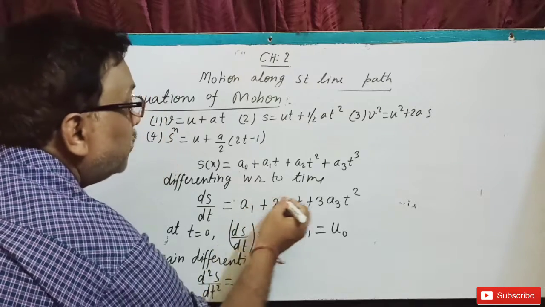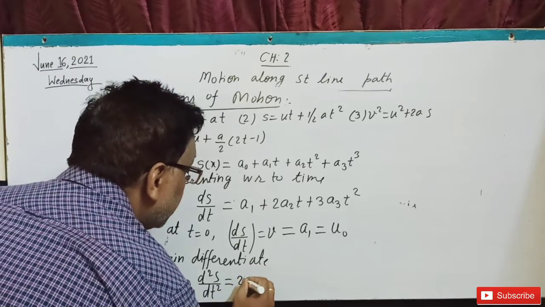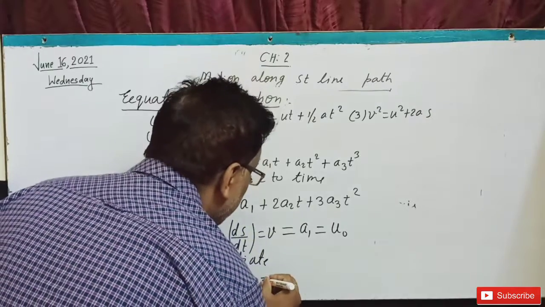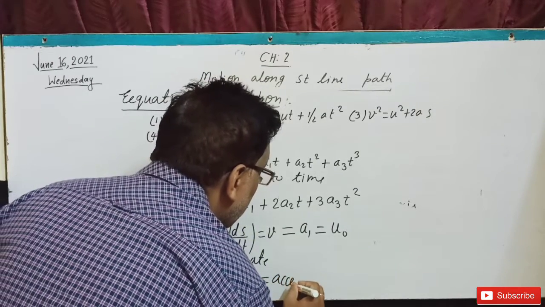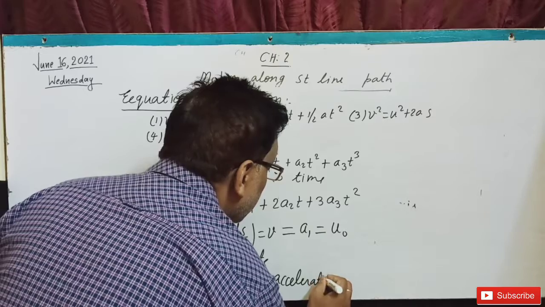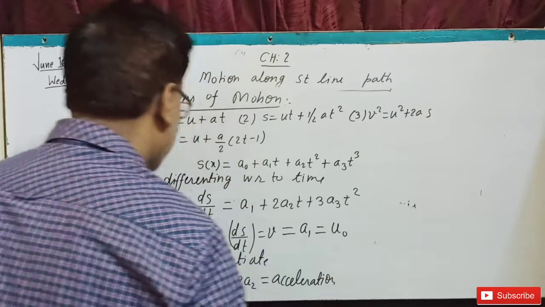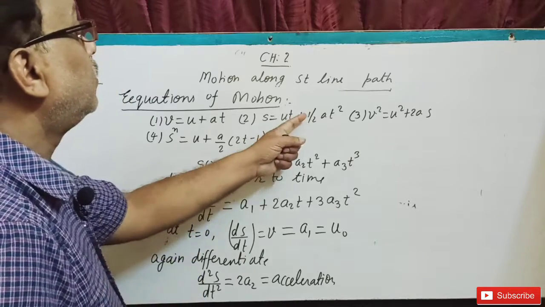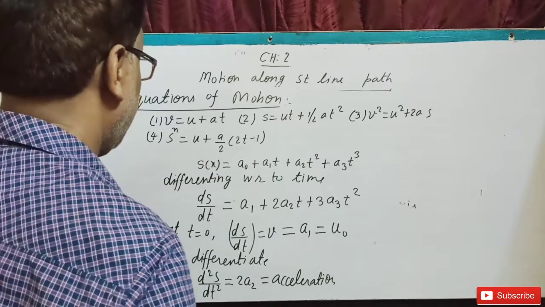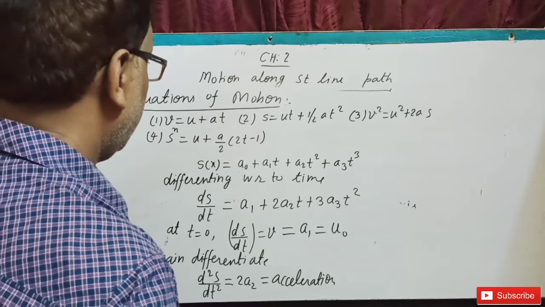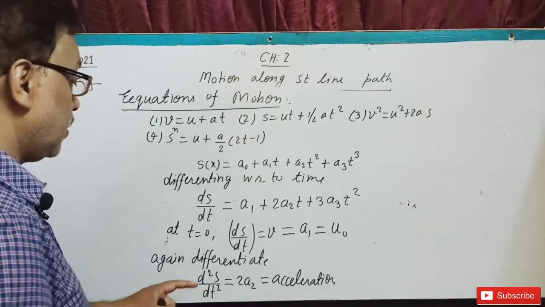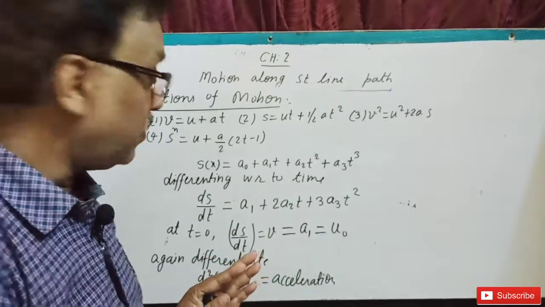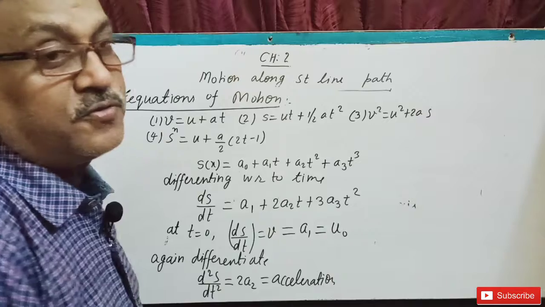It will give you, a1 is now 0 and it is the 2a2, which is the acceleration. Is it clear? So here you look, we use the half at square in this case, and it always represents the same thing. In all the numerical problems we can compute this way.